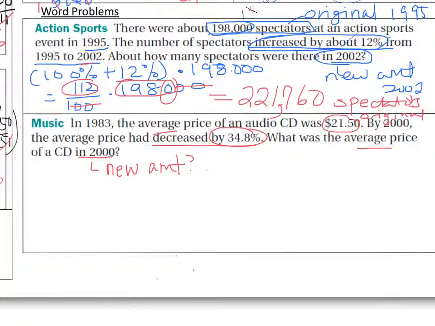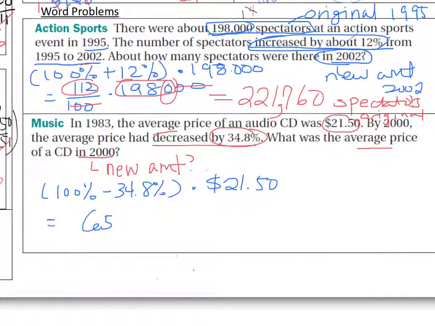So we can go ahead and take 100%, subtract that by 34.8%, and multiply by $21.50. 100% subtract 34.8% is just 65.2%.